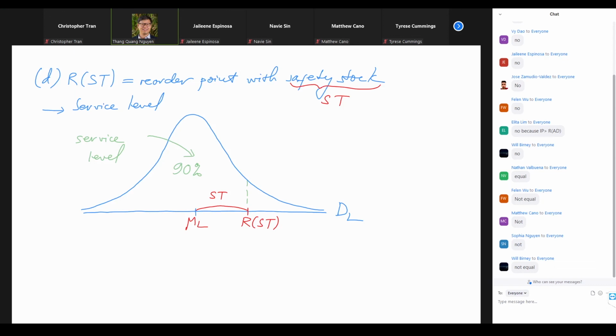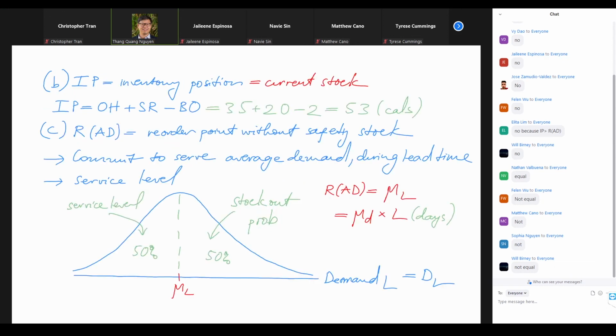And by the way, the stock out probability in this case will be 10%, the remaining. By the way, I forgot to mention that earlier. The theoretical reorder point is right here, but after we calculate it to be 37 point something, we round it to 38. So the actual point of operation is right here.